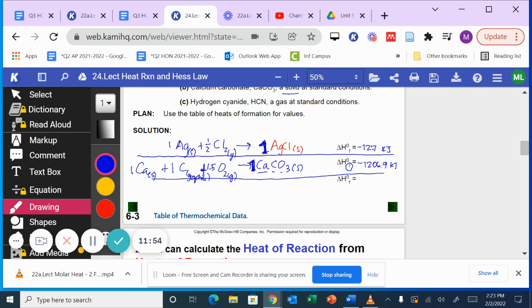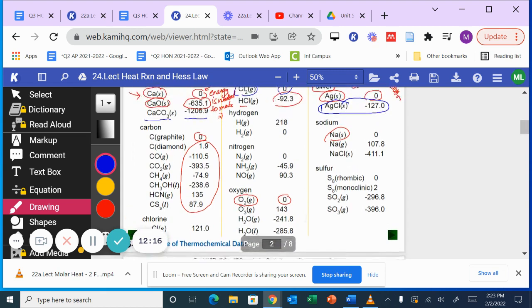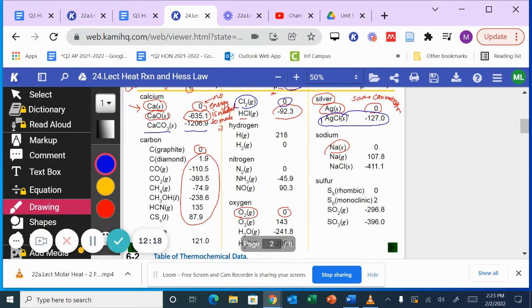Okay, your turn. Letter C. You are going to make HCN. Okay, pause the video and do that. Okay, to make HCN, it is a gas. I'm going to need H plus C plus N. H occurs naturally as H2, I think.